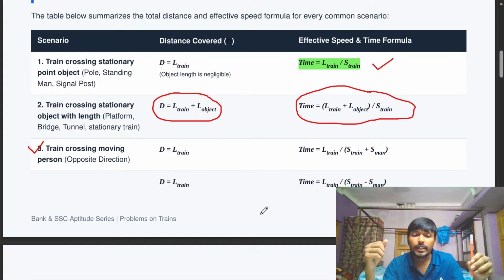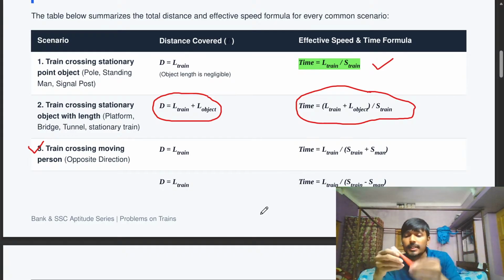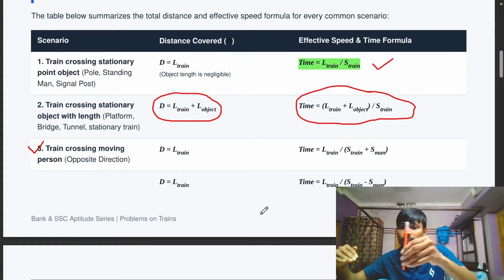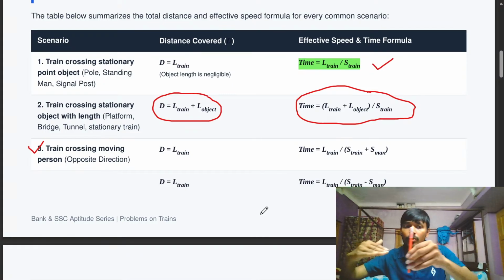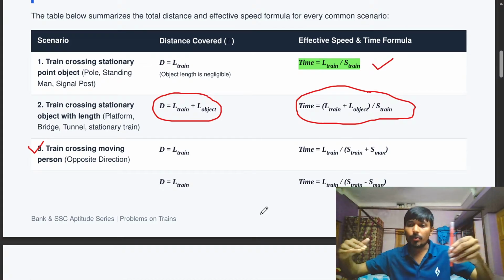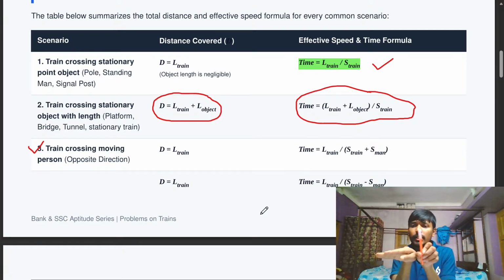So if a train is crossing, this is a person. Opposite direction means if a person is moving towards this and a train is moving towards this, this is the opposite direction. You can say this like this also.